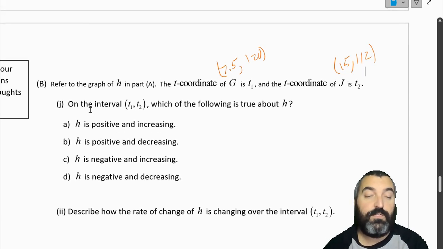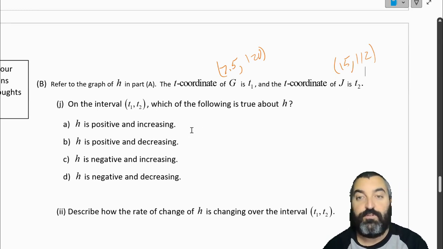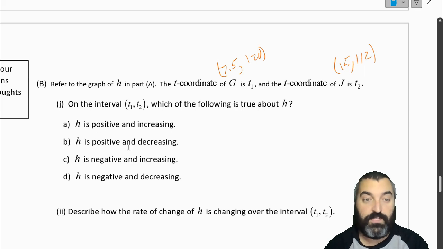So it's going to ask us a question on this interval from G to J, which of the following is true about H? And I'll let you know they're always going to ask this same question, or it's going to have these same answer choices. It might be different points, so you just have to pay attention to it. So here, H is positive, because the Y values are positive here.